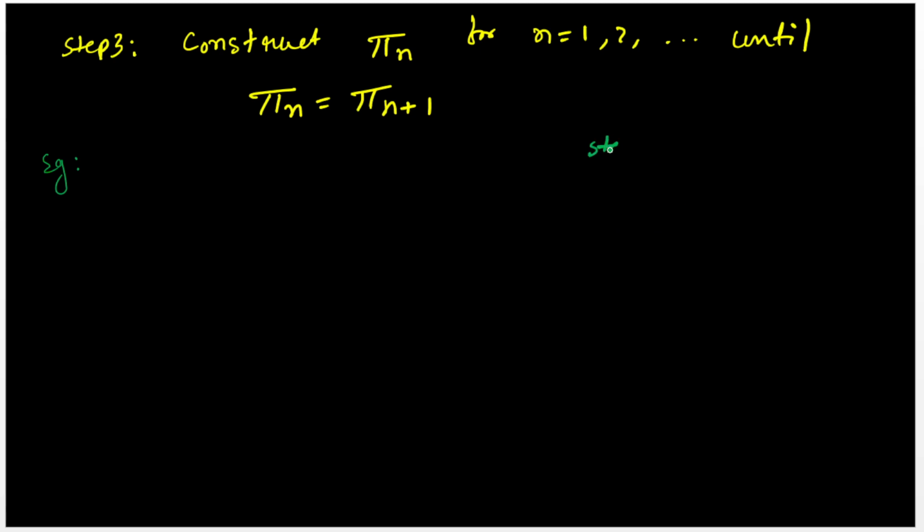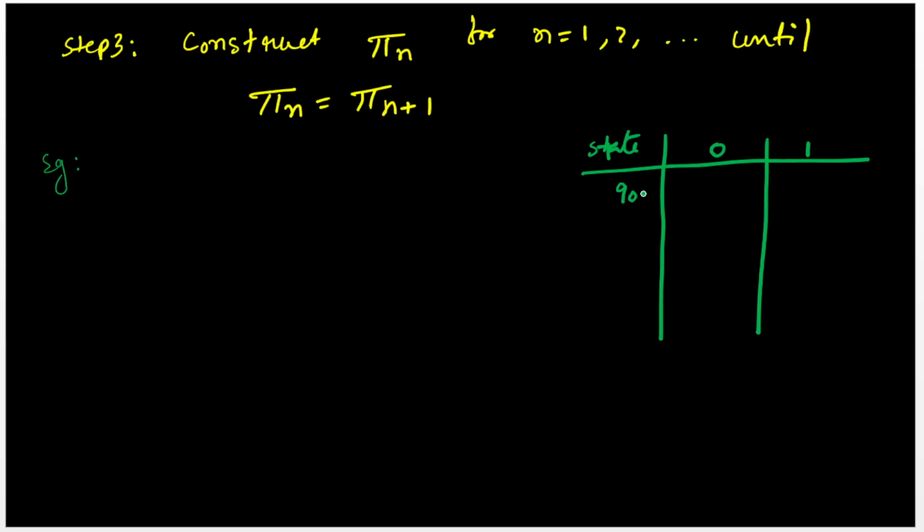The inputs are 0, 1 and the states are q0, q1, q2, q3, q4, q5, q6 and q7.